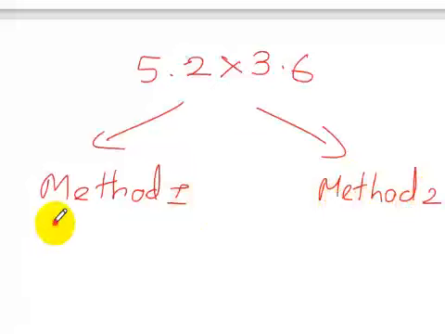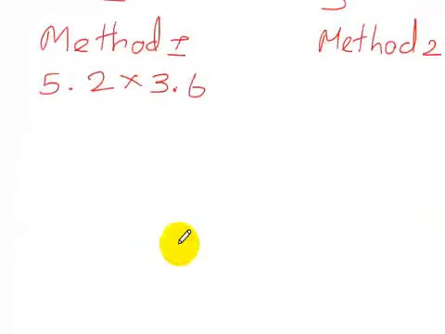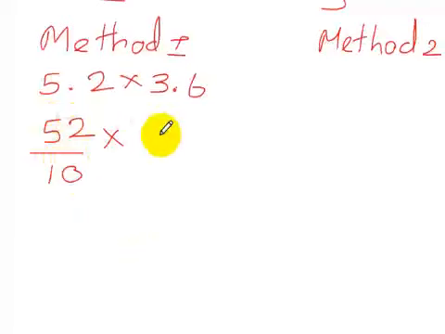First method: convert it into fractions, then simplify. Here there is only one decimal place, so 52 divided by 10, 36 divided by 10. Why? Only one decimal place, so you can convert it into fraction form: 52 over 10, 36 over 10.